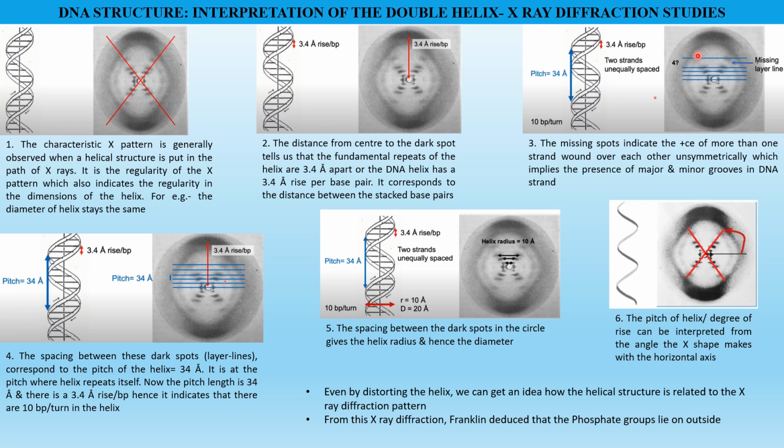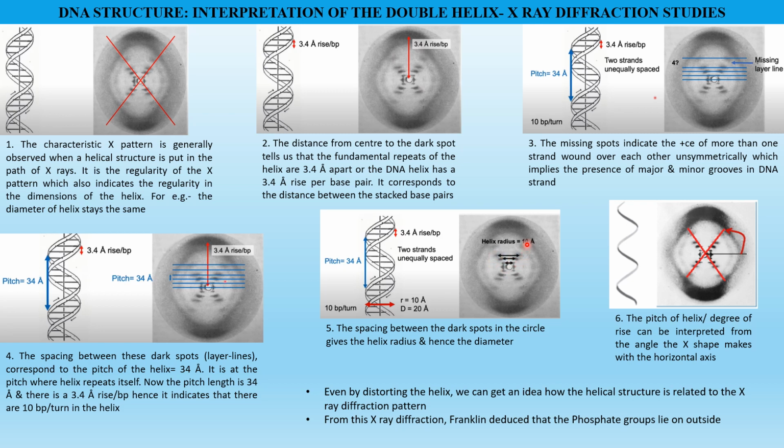It indicates that the DNA double helix, though present, is present in an unsymmetric fashion, and it gives rise to two types of grooves, this major groove and this minor groove. The space between the spots will give us the helical radius and hence the helical diameter.